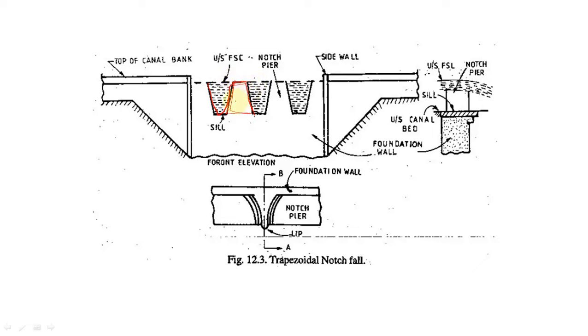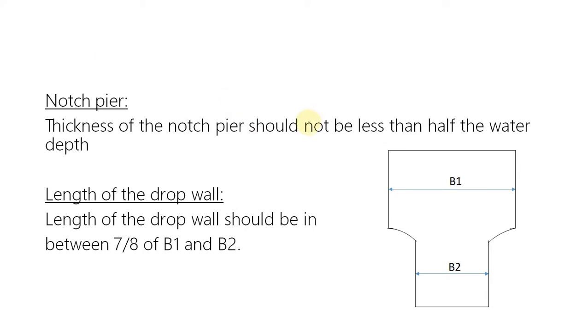If there is no load above the notch pier, the notch pier thickness should not be less than half of the water depth. Means if the depth of flow is H, then the thickness of the notch pier must be greater than H by 2.